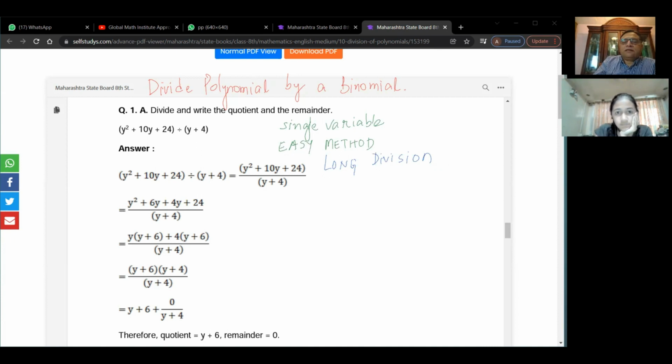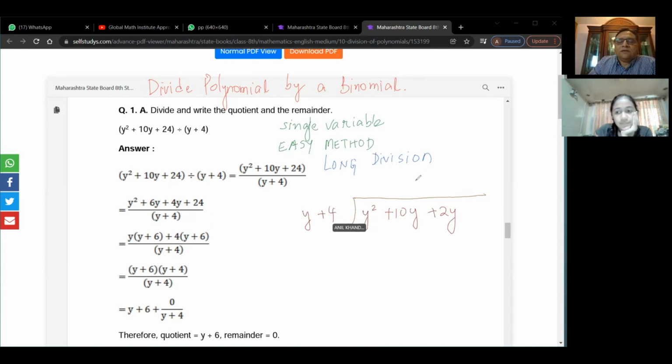So last time we did discuss the long division process. Here I will redo it. So we have to divide y square plus 10y plus 24. That is the dividend, and the divisor is y plus 4, correct?